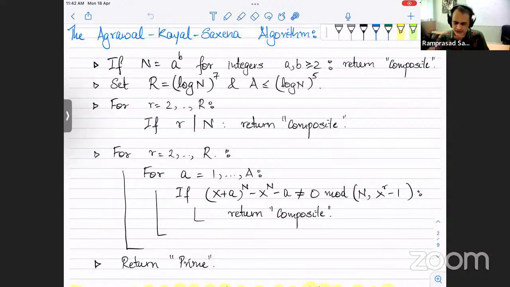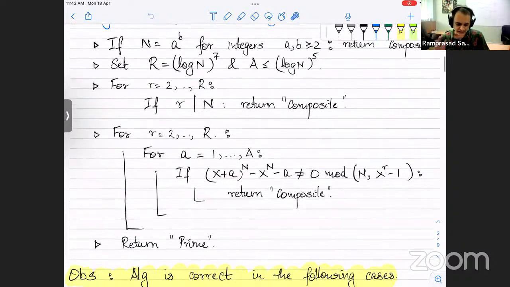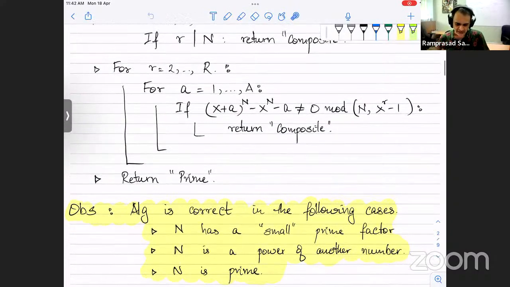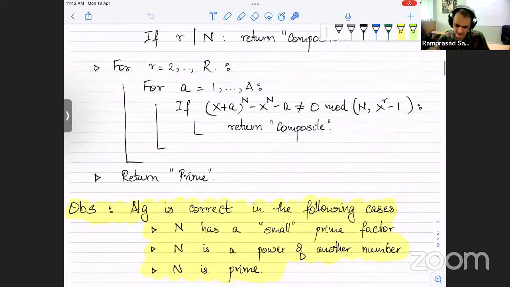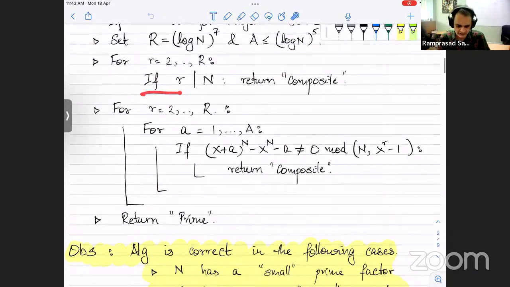Okay. So let's first look at the cases where we know that the algorithm gives the right answer. There is a bunch of easy cases. If n happens to have a small prime factor, by small I just mean a prime factor smaller than log n to the 7, then we know that the algorithm is going to correctly return composite because of this step.